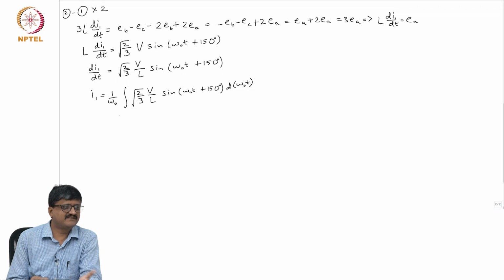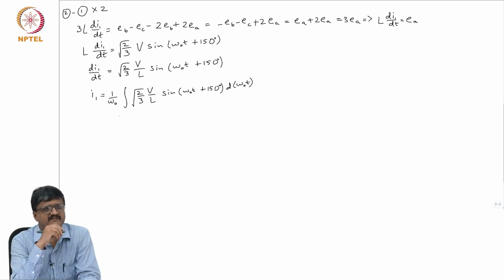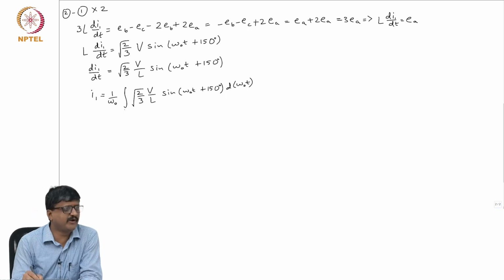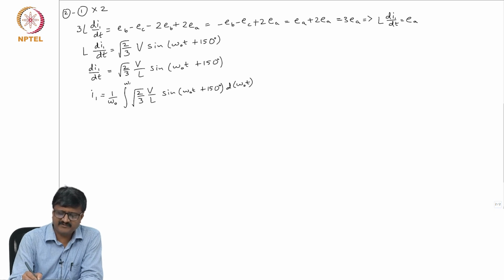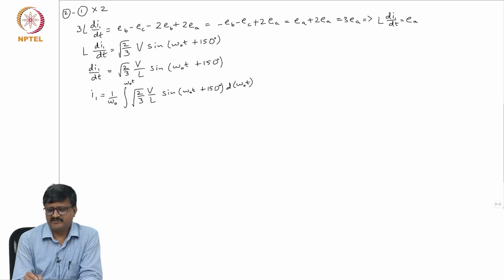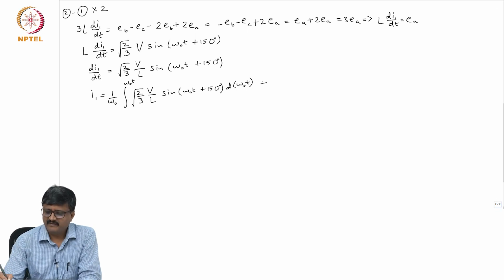I presume you are familiar with this. You integrate from some lower limit, and the upper limit is omega o t. There is no cause for confusion: the dummy variable and the upper limit are one and the same, and I take the value of I1 at the lower limit.